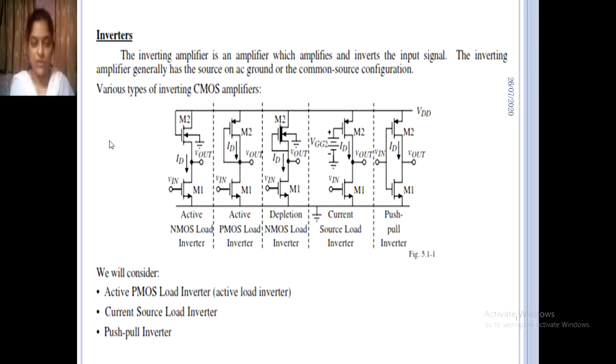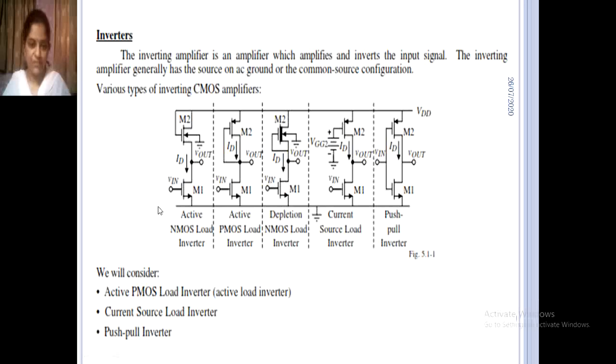So, various types of inverting CMOS amplifiers: we will consider here the active PMOS load inverter, then current source load inverter and push-pull inverter.